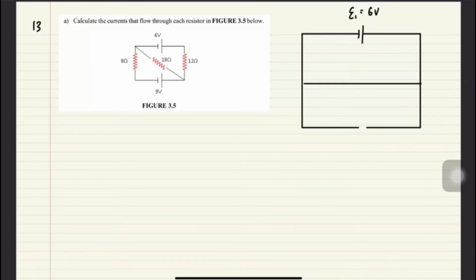Okay, then EMF 2 is 9 volt. And then you have 8 ohm over there. I label R1 lah, put R1 over here, and in the middle there the 18 ohm.